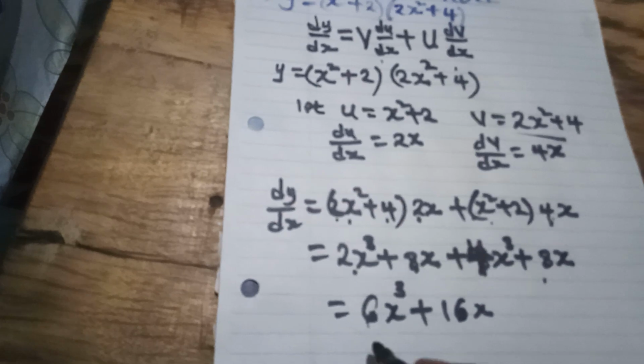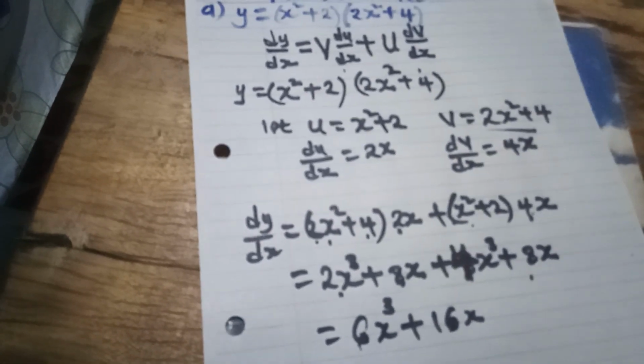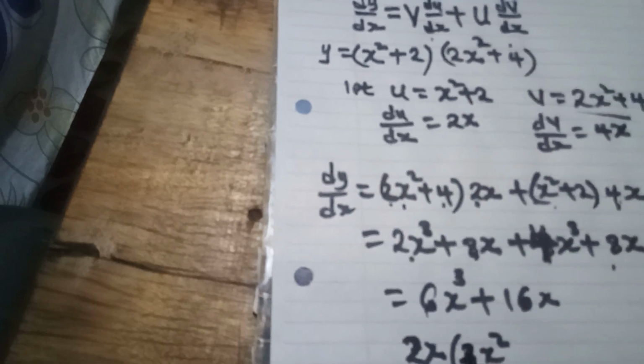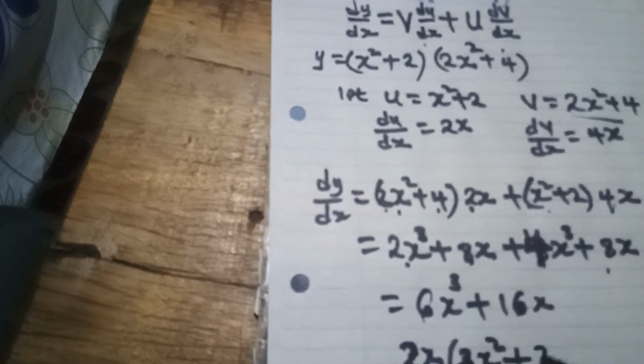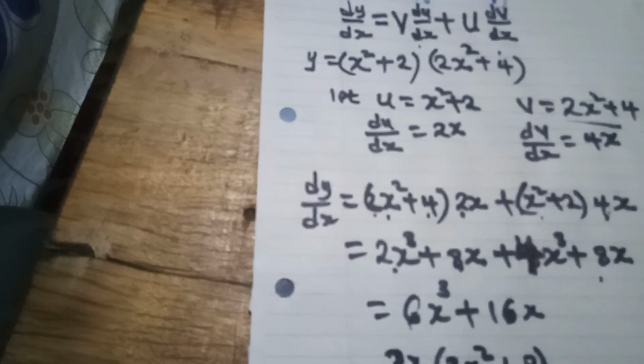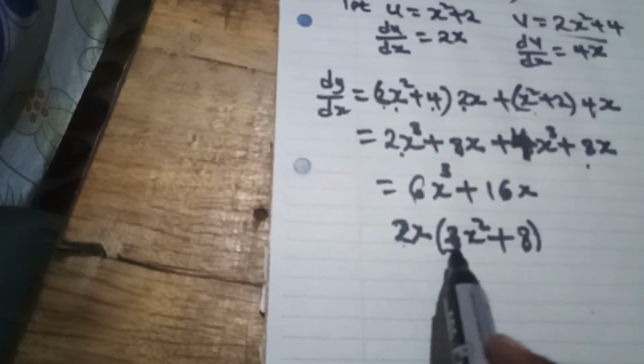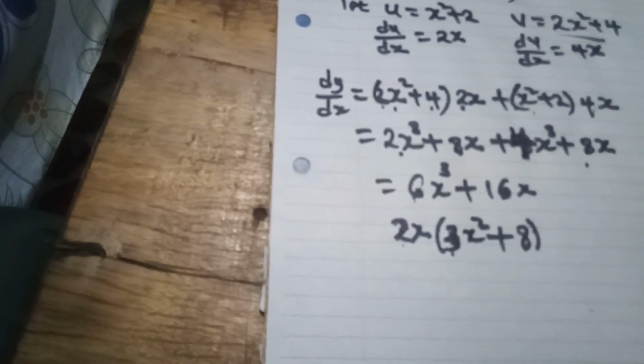We can say 2x, so that we have 2x into 3x squared plus 8. So the answer will become 2x into 3x squared plus 8.